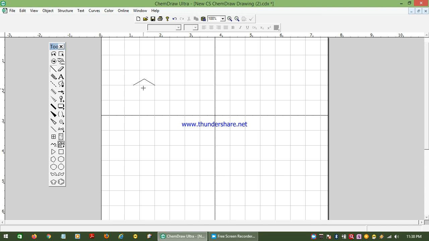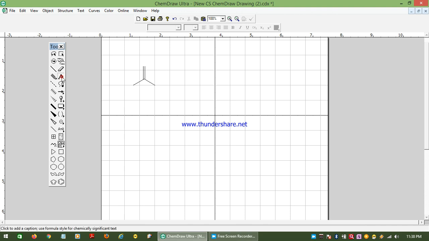You will get joining of that with another bond. Again, if you want to write a double bond, you click here. Once you get the blue tick, then click, and you'll get a new carbon-carbon bond. Now again, if you want to have a double bond, you go to the middle of the bond and again left click. You'll get the double bond.